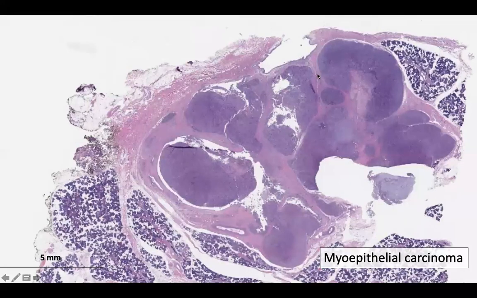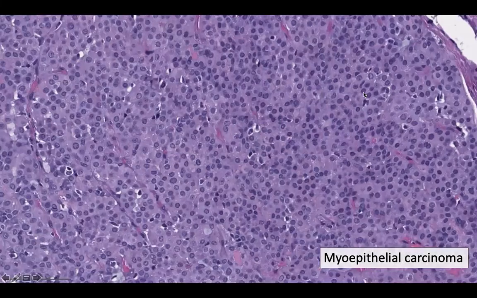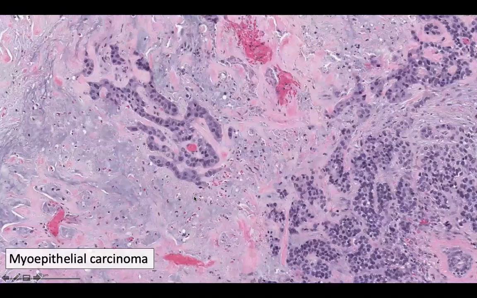Here's another example with the real nodular growth pattern on low power, but again, this weird zonal distribution. And when we go to higher power, remember they're myoepithelial cells, so they can really look like anything, but in this case, they're more epithelioid. And then sometimes you can see a little bit of a chondroid stroma in the background too.